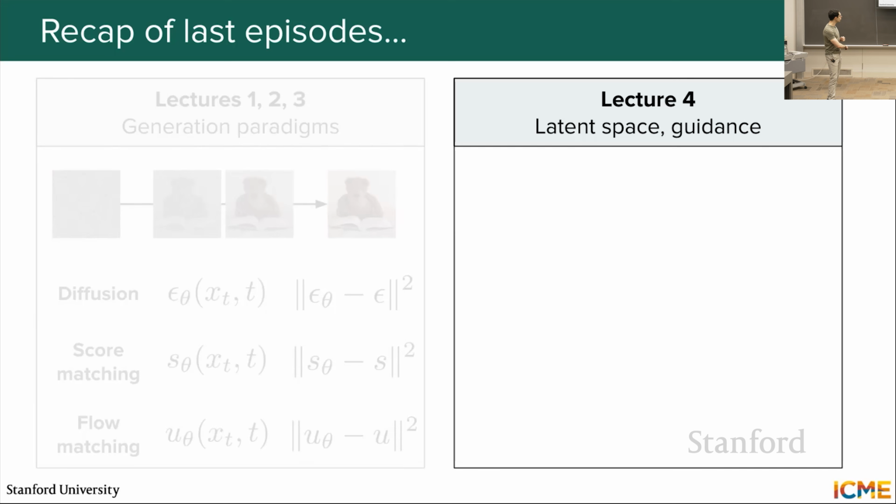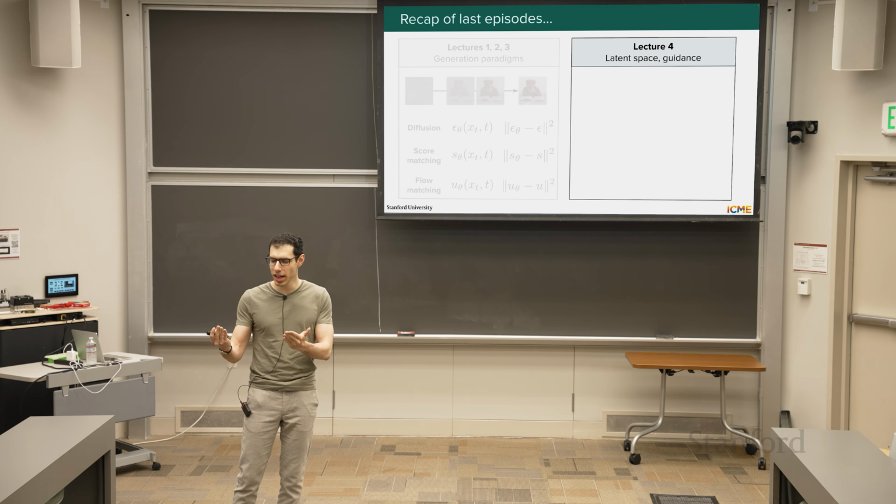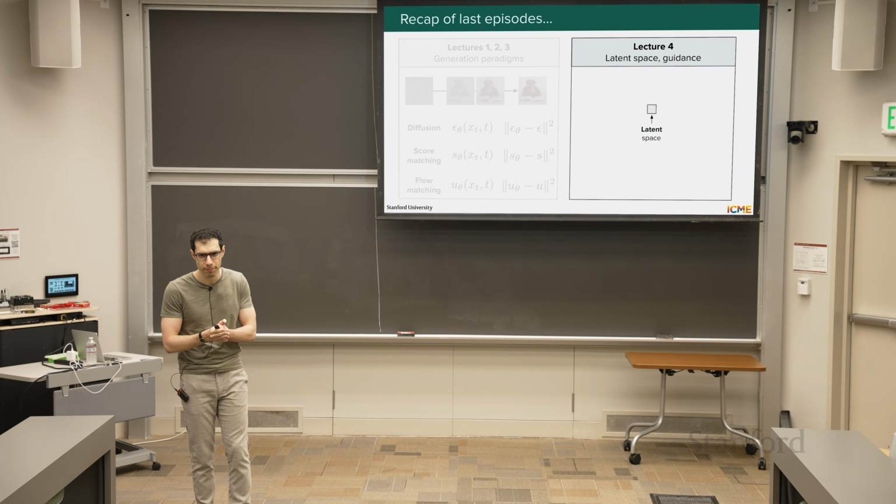And then in lecture 4, we said, OK, up until that point, we just assumed that we were able to represent images, the XTs. And we said, let's figure out a good way to represent them in a way that makes sense. What we said was that we wanted them to be represented in a space that was not too high in dimensionality. So there was a space called latent space in which we want our images to be represented.